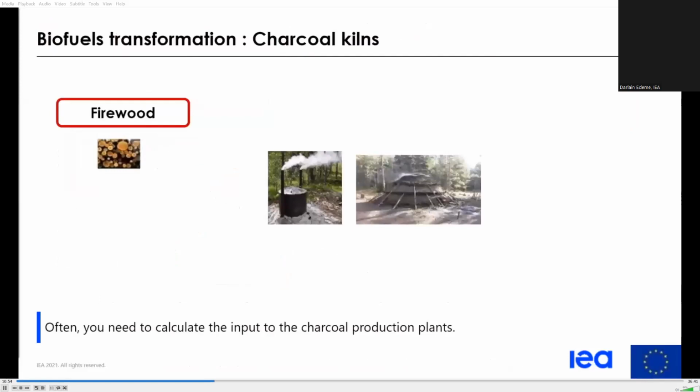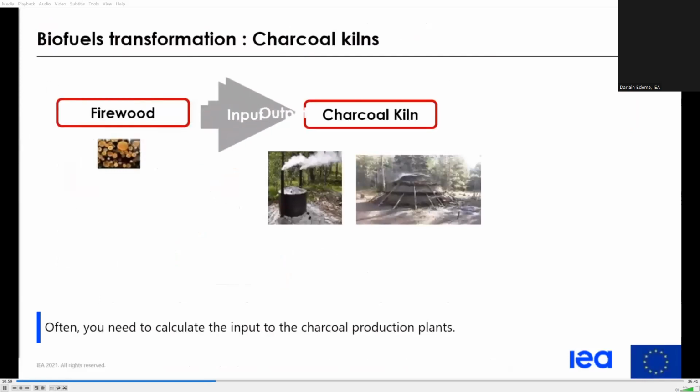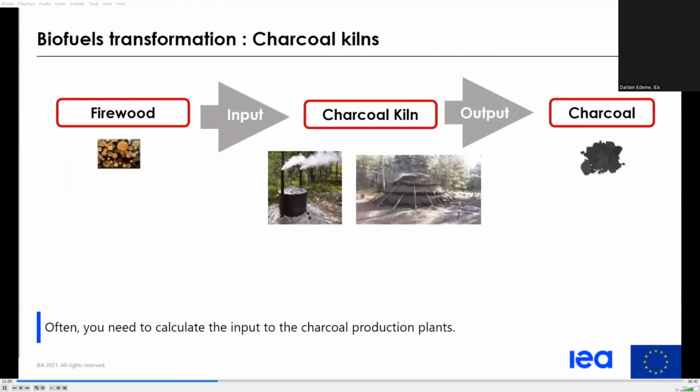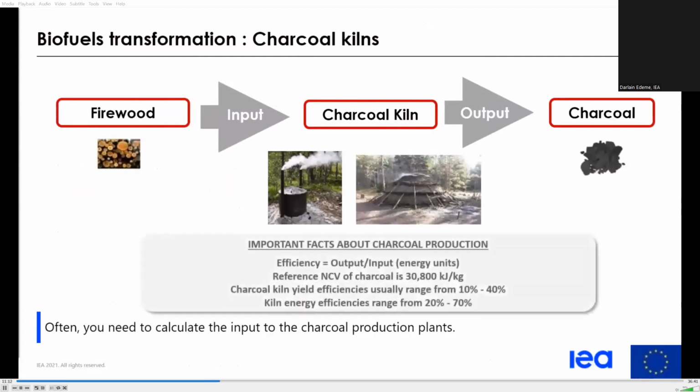The production of charcoal is an output of a transformation process where wood is considered as the input. Note that the calorific value of charcoal is much higher than firewood. Note also here some important facts about charcoal production.